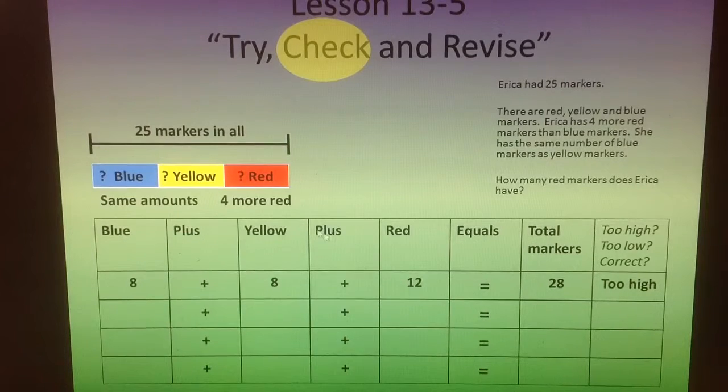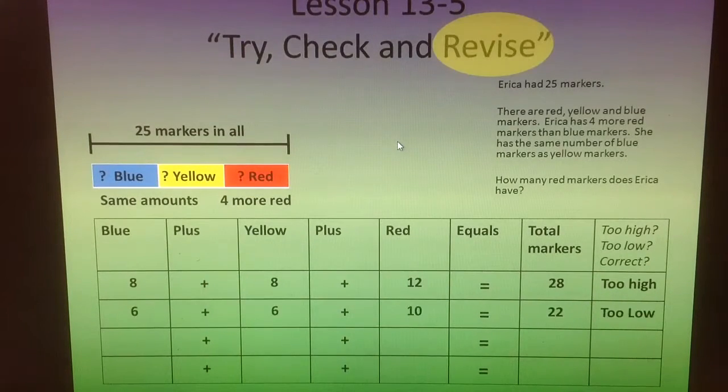It can't be right because it's 25 markers in all, so that's too high, and I've written too high over here. Try another guess. 6. 6 plus 6 plus 10 equals 22, and that's too low. 7 plus 7 plus 11 does equal 25.